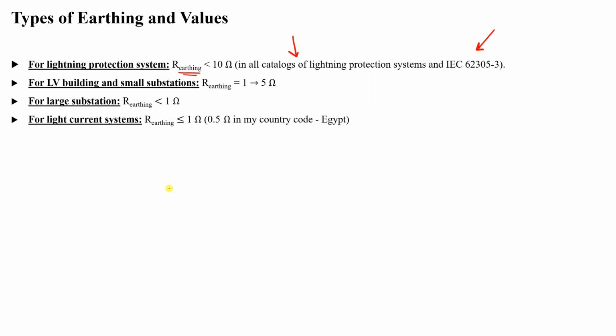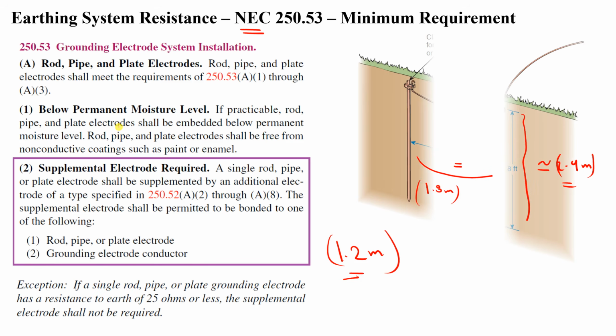So if you look here, large substations less than 1 ohm from the Green Book, and also this value from the Green Book. Okay, this one as I have shown from IEC, and you'll find it in all catalogs of lightning protection systems. Now let's see light current systems or low current systems.